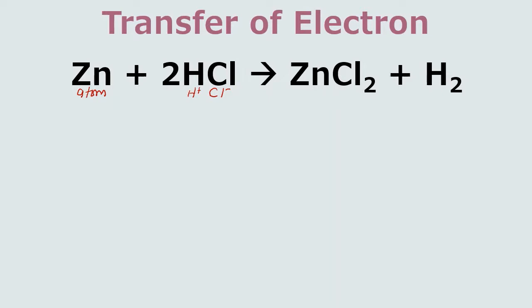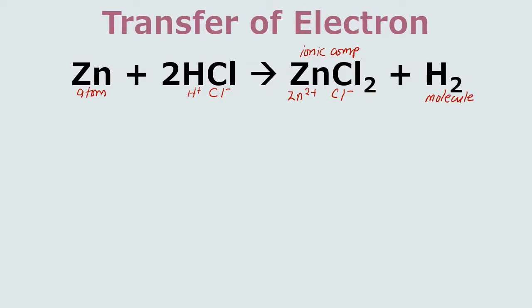It will produce zinc chloride compound. Zinc chloride is an ionic compound, whereby zinc ion is attracted to 2 chloride ions by strong electrostatic forces. Another product of these reactions is hydrogen molecule.